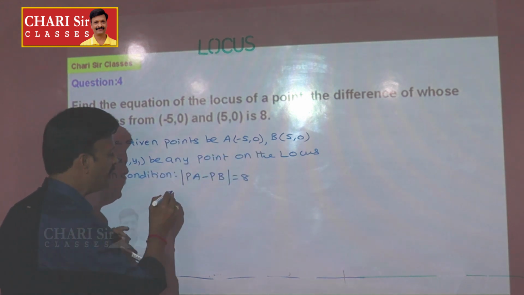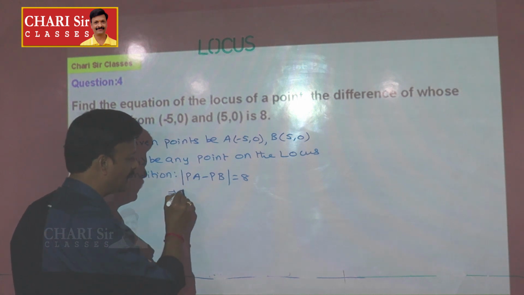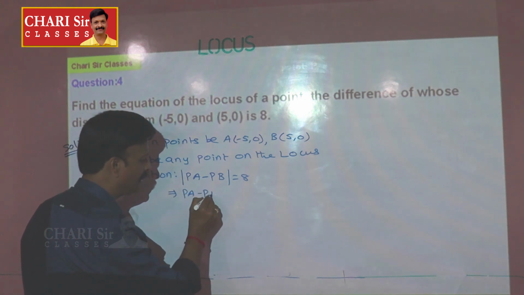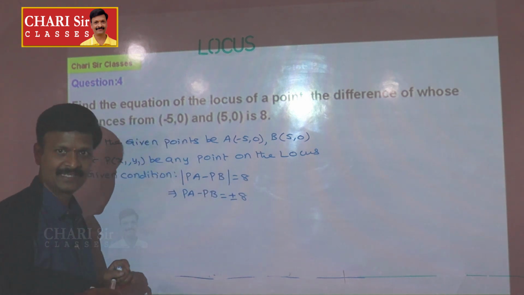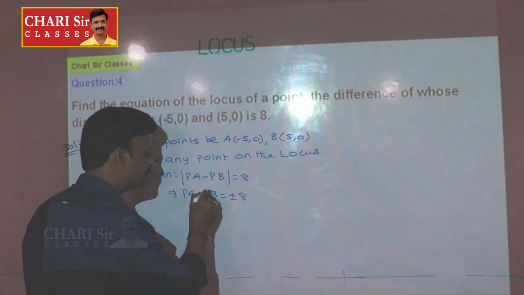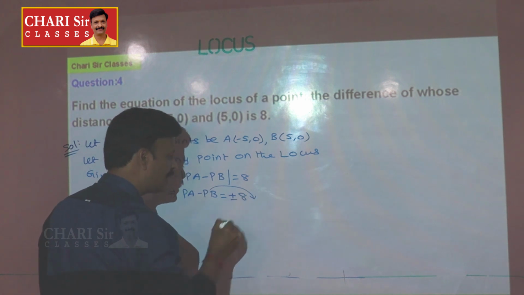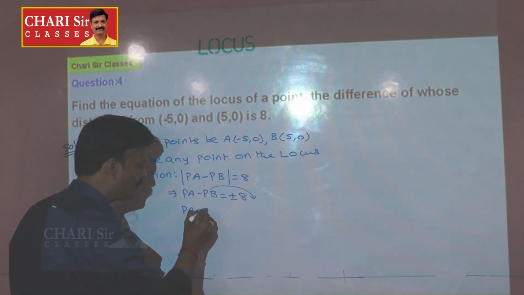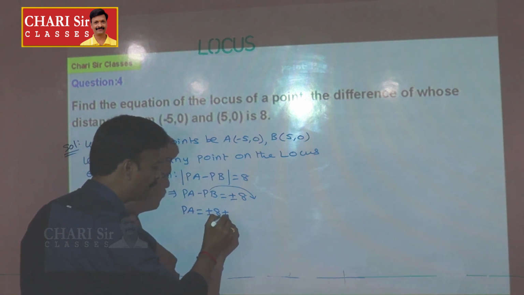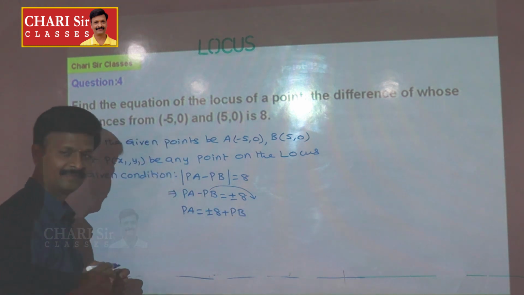Now, when you remove the modulus, then what we get? PA minus PB, just remove the modulus, you get plus or minus 8. Now, this minus PB you transfer to the right hand side. It becomes PA is equal to plus or minus 8 plus PB.